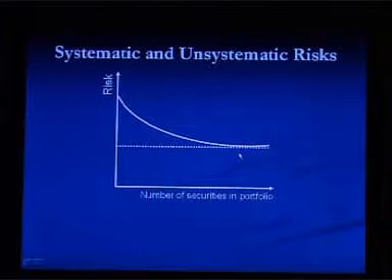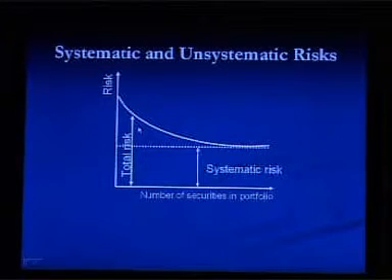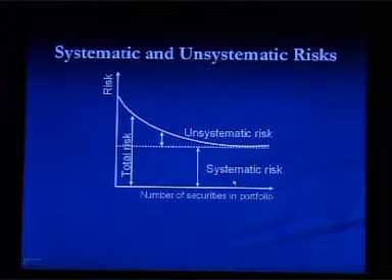Up to this level, the risk is not decreasing anymore by increasing the number of securities in the portfolio. Here you can see that this is the total risk for any portfolio, and this part is called systematic risk, which cannot be reduced by increasing the number of securities in the portfolio, and the upper part is the unsystematic risk.